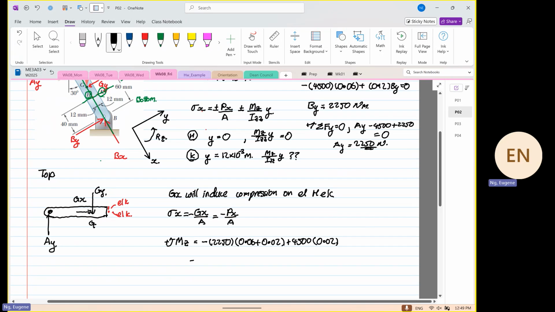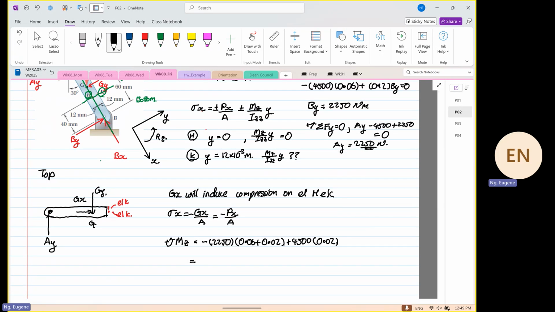You calculate this out. So 2250 times 0.06 minus 180 plus 4500 times 0.02 is equal to 90. So now everything over here is equal to minus 19 Newton meter.